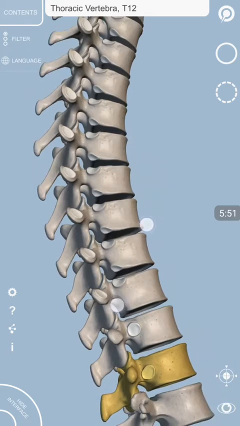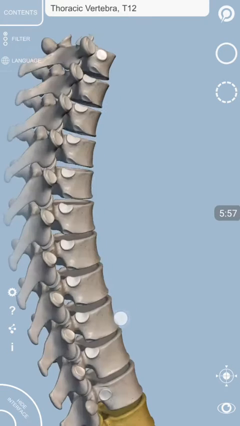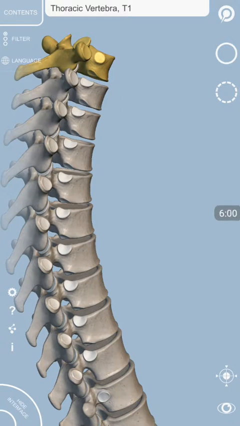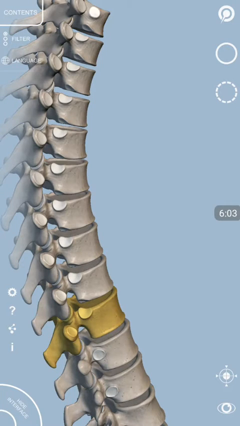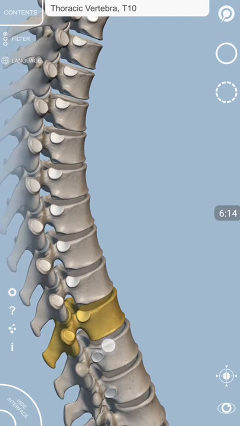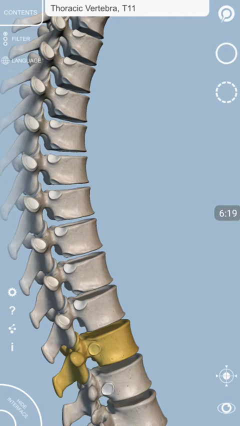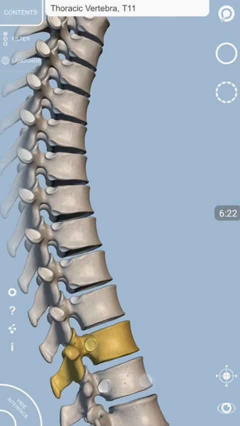So these were the features of the atypical thoracic vertebrae. Again, the first vertebra is atypical because it has 1.5 facets, and the 10th vertebra is atypical because the demifacet is only one, and looking at its shape, it is also going to be a complete facet. In the next vertebra it has been completed and lies half on the body and half on the pedicle. In the 12th thoracic vertebra, it has completely shifted backwards and inferiorly onto the pedicle.